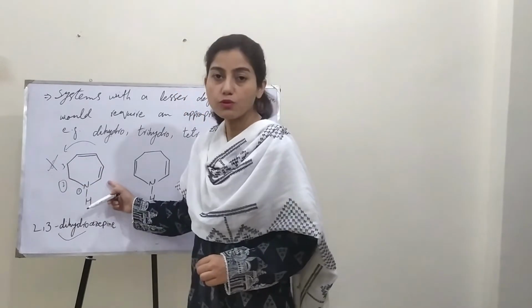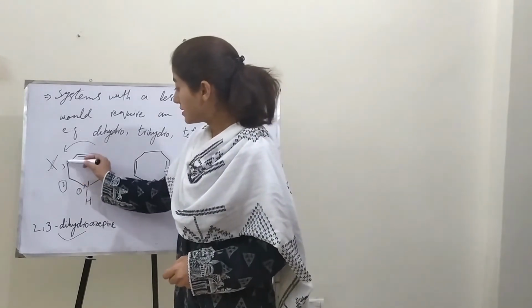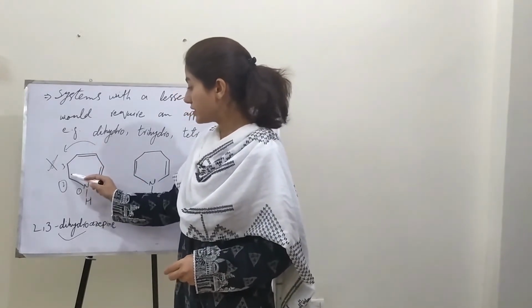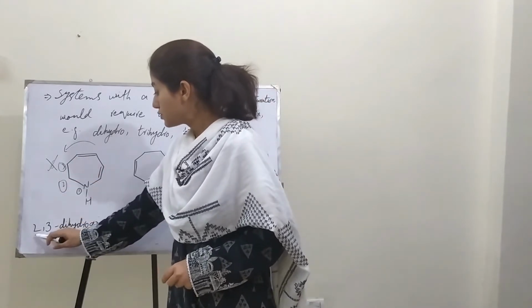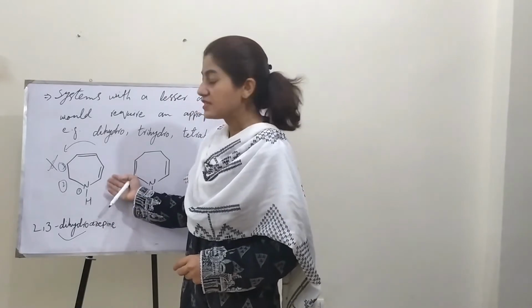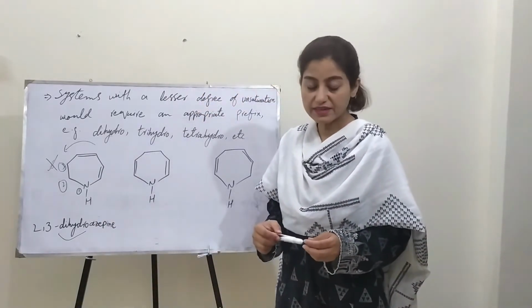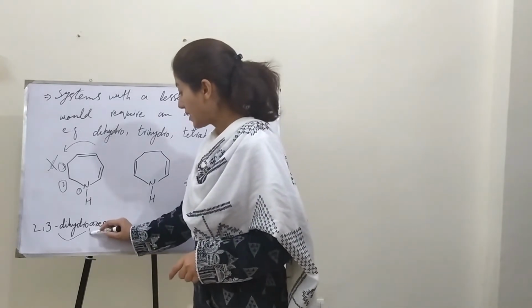The next is no more saturated carbon. As there are only these 2 carbons that are saturated, we will use the numbering 2,3-dihydro, and as this is the 7-membered ring that contains nitrogen, its name is azepine.